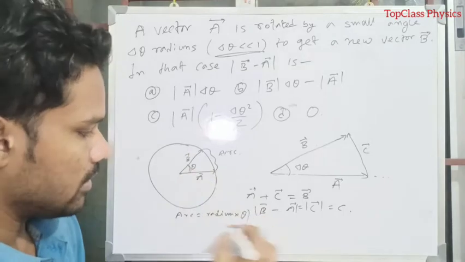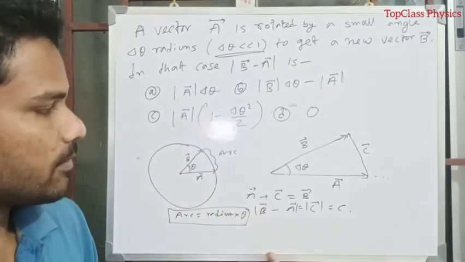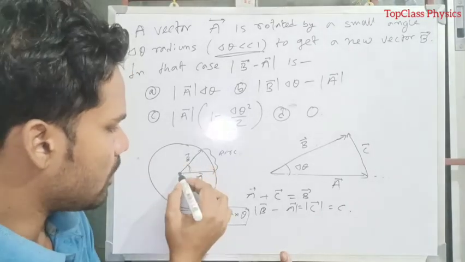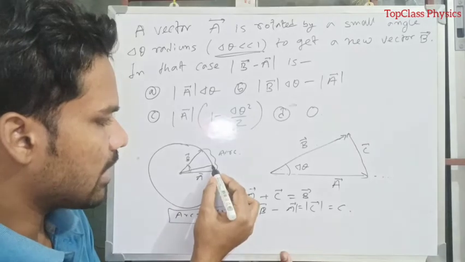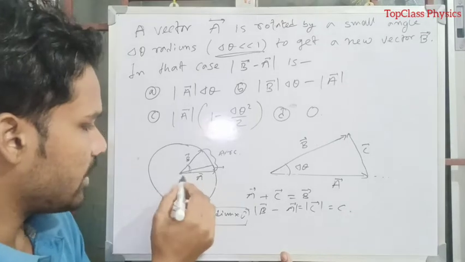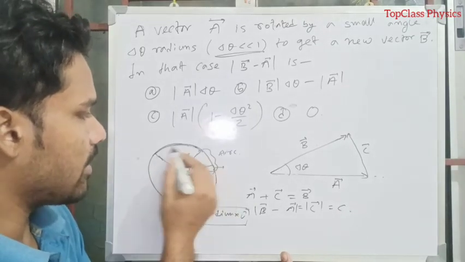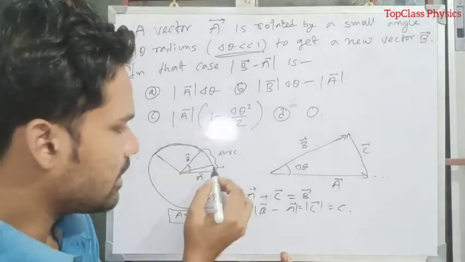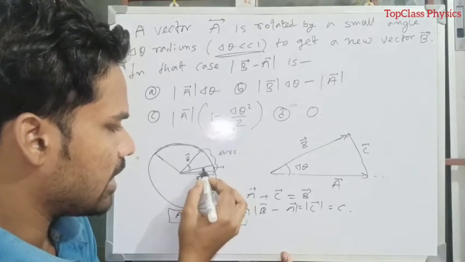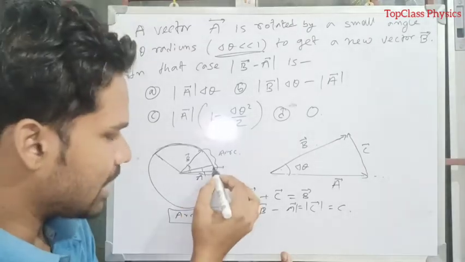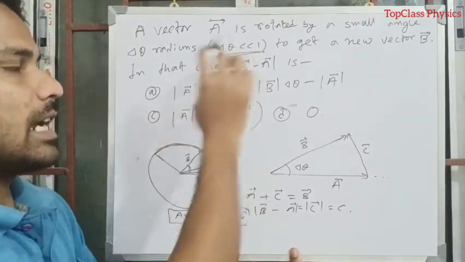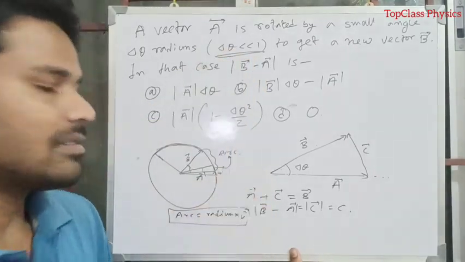For a very small angle theta, the curved line is nearly a straight line. If theta is very big, it is a curved line, an arc. But if theta is very small, the arc is nearly a straight line.